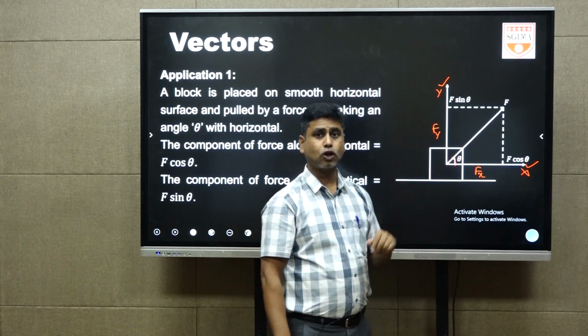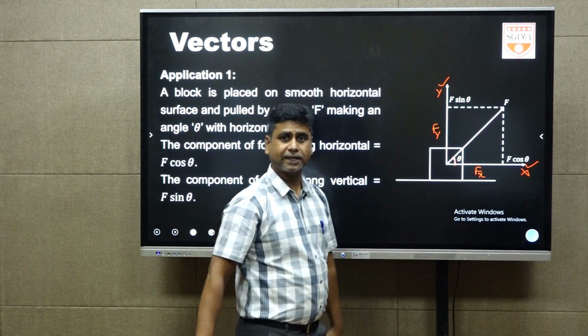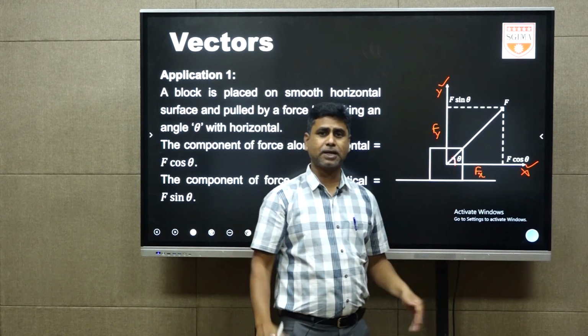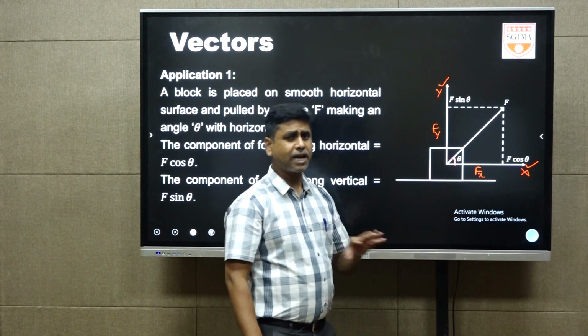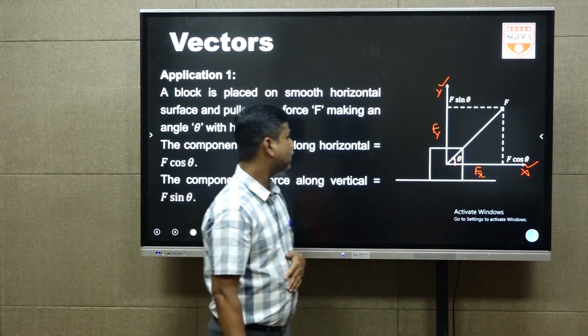Along the y direction, or y-axis, the component of force is Fy. These two components are rectangular components, both acting perpendicular to each other. In any diagram, rectangular components act perpendicular to each other.